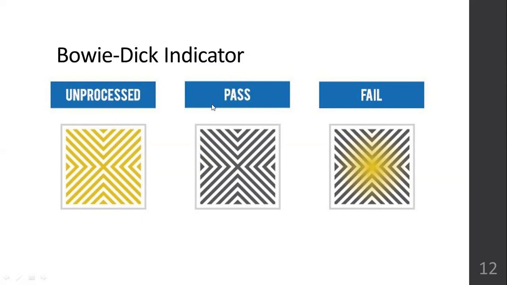This is a pass, sterilization pass. But if there are still yellow patches here and there on the Bowie-Dick tape, it means it has failed the sterilization. Articles of this sterilization cycle are not fit for use. So that's the Bowie-Dick indicator.